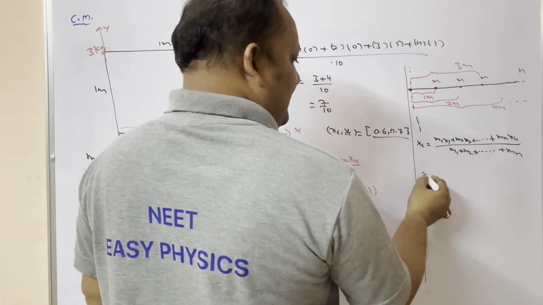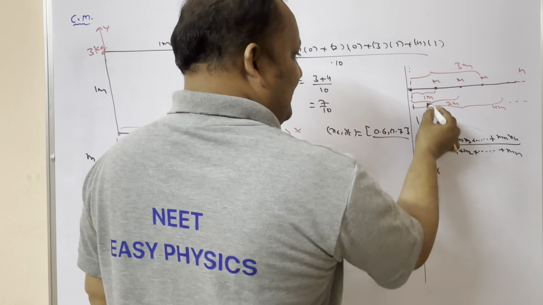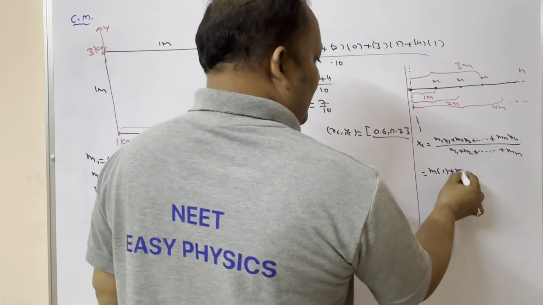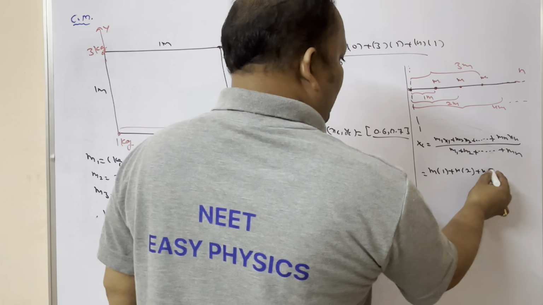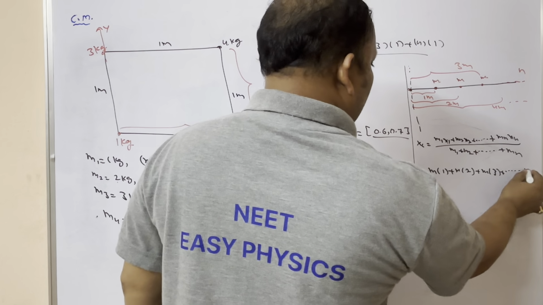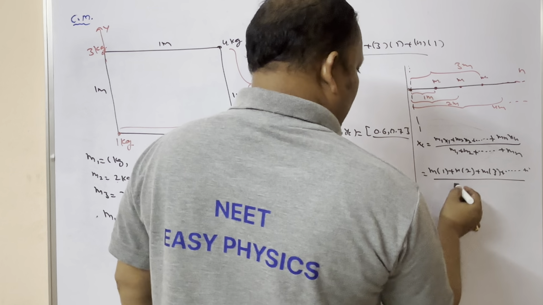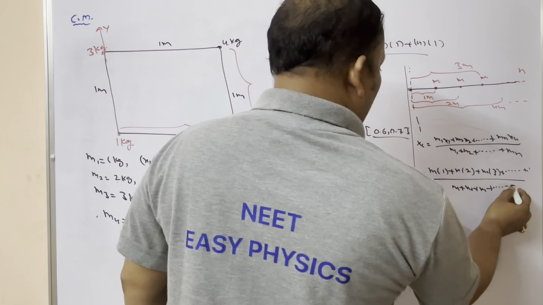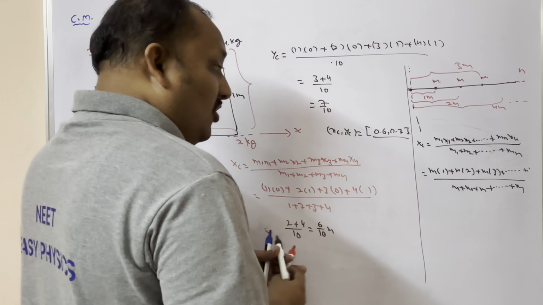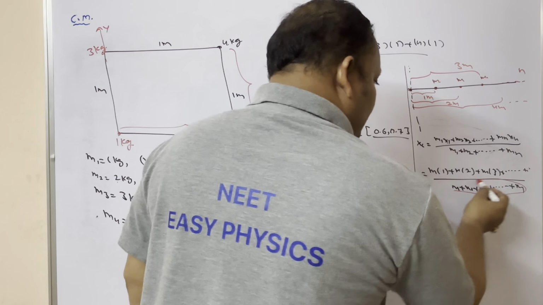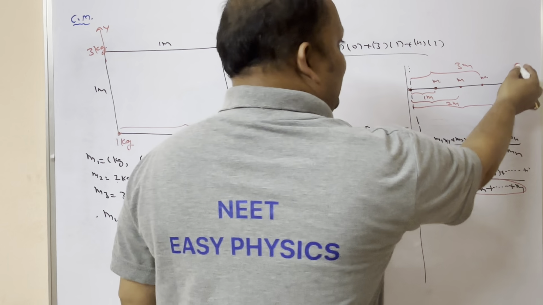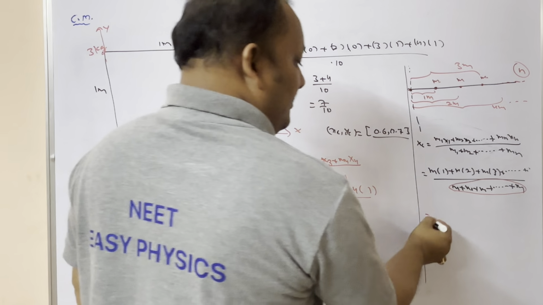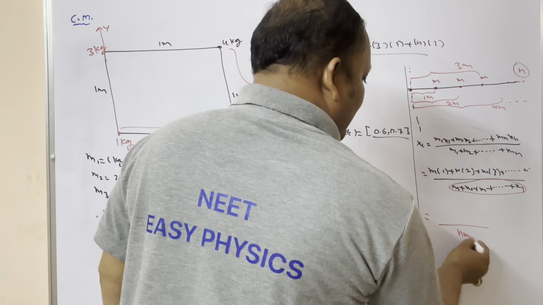Now all masses are the same. m into, what is x1 here? 1. m into x2, 2. m into 3 and so on. Next, m plus m plus m plus and so on. How many m's are there? n m's we placed. Therefore, the denominator is going to be nm.